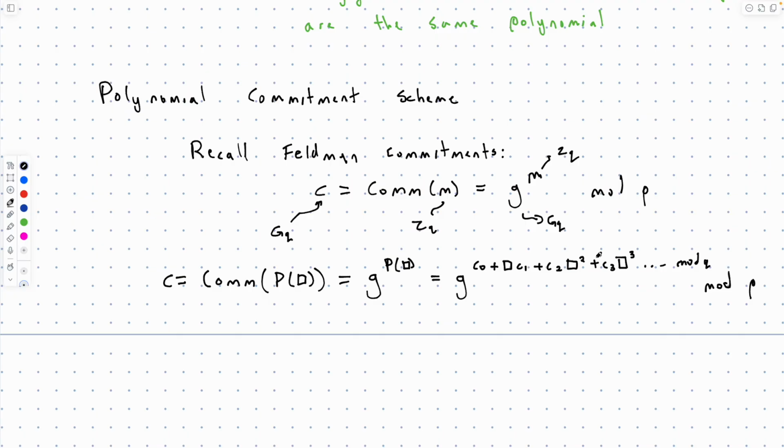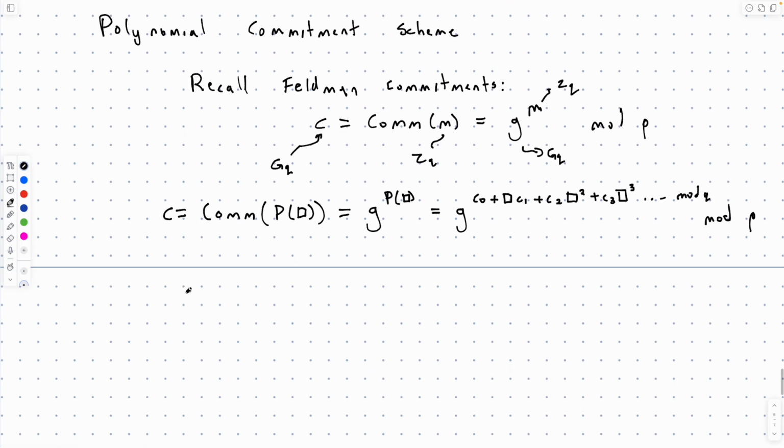So to commit to a polynomial, we have two options. We can commit to the set of points, and so we're going to end up with d plus 1 commitment values.